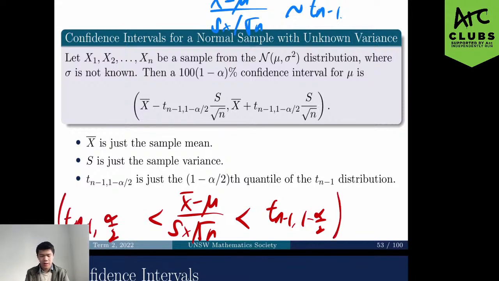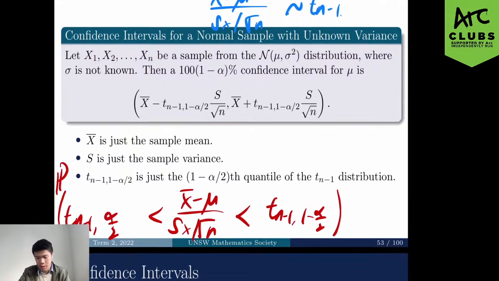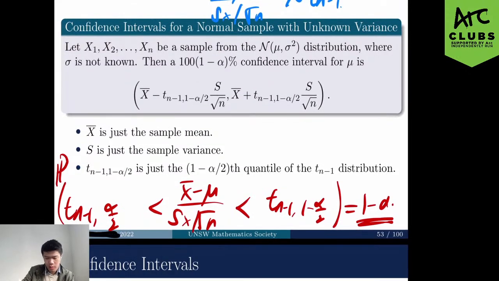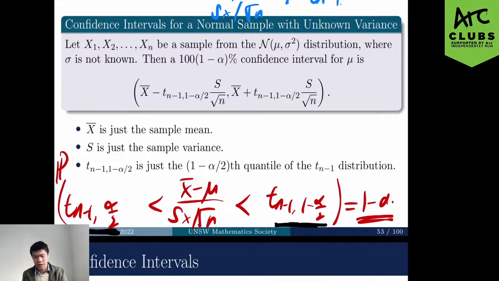It lies between these two things with probability 1 minus alpha, right? That's the same concept we used before, because before we said that the normal random variable lies between the quantiles of the normal distribution. Now we're saying this thing over here lies between the quantiles of the t-distribution.